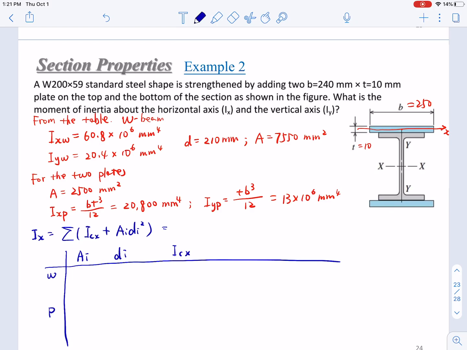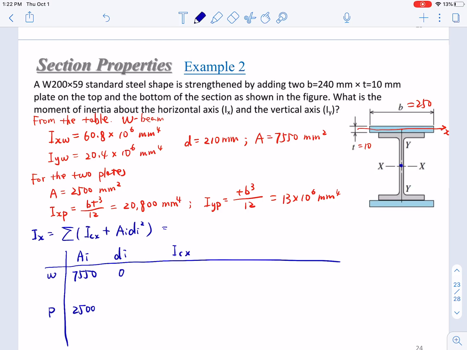So what is the wide flange beam's area, AW? AW there is 7550, and A plate is 2500, and the d_i is here. dW is just from the overall centroid. The overall centroid and local centroid will be together, right? So this will be 0.